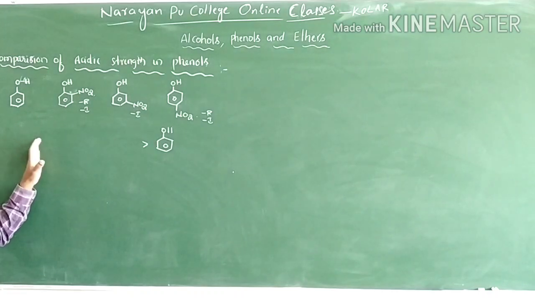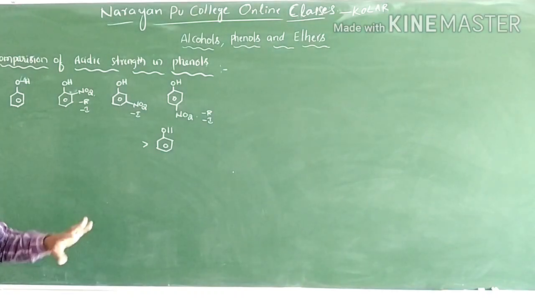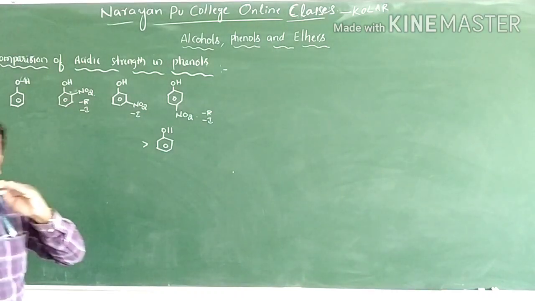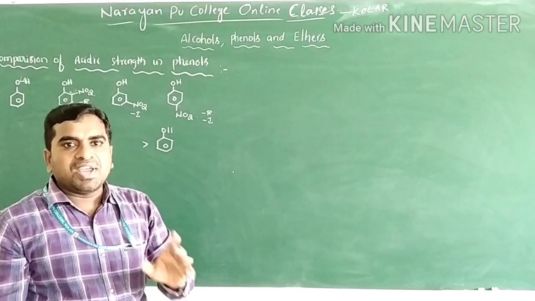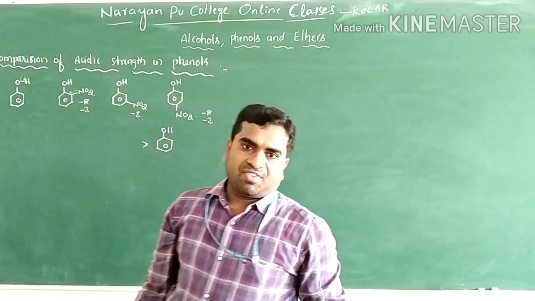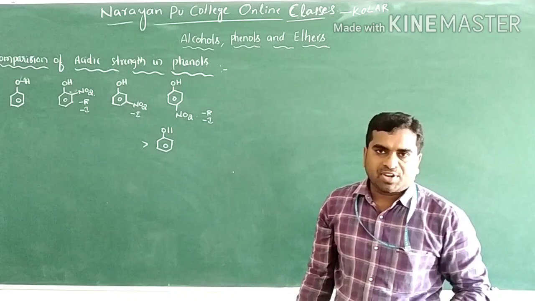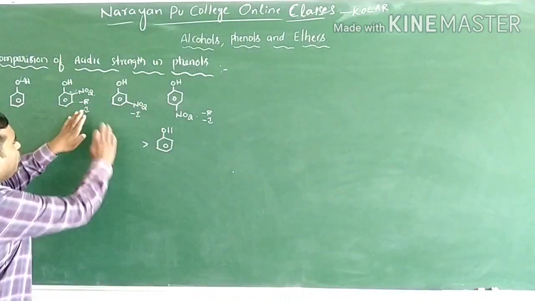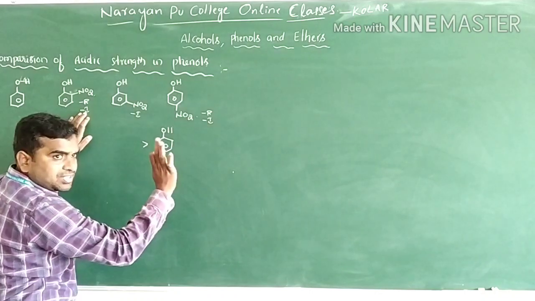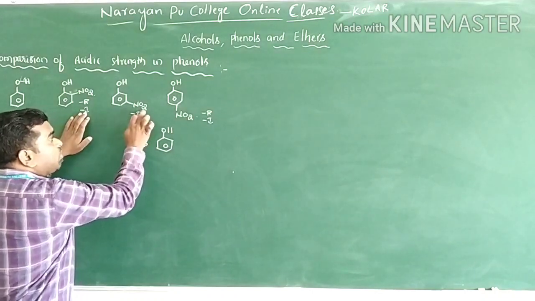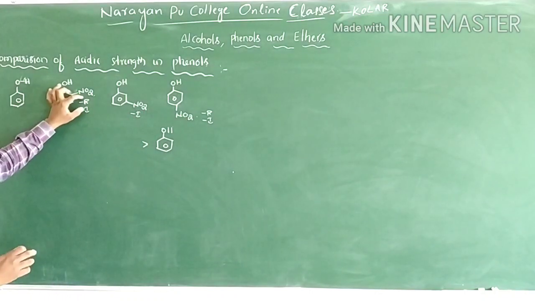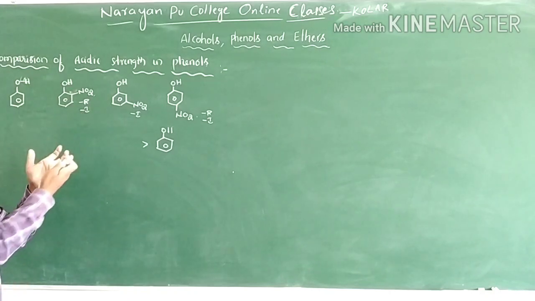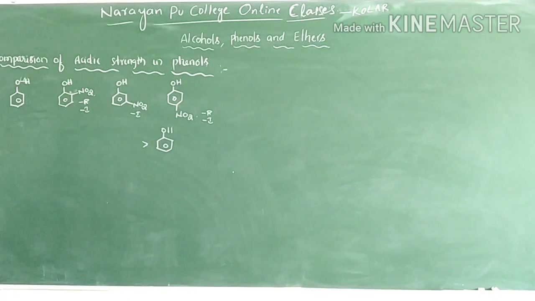You know, always remember, one exceptional case is there. In all the remaining cases, resonance effect always dominates the inductive effect. So that's why we need not consider the inductive effect there. But in this case we have to consider the inductive effect. Minus R effect and minus I effect are both electron withdrawing effects only.